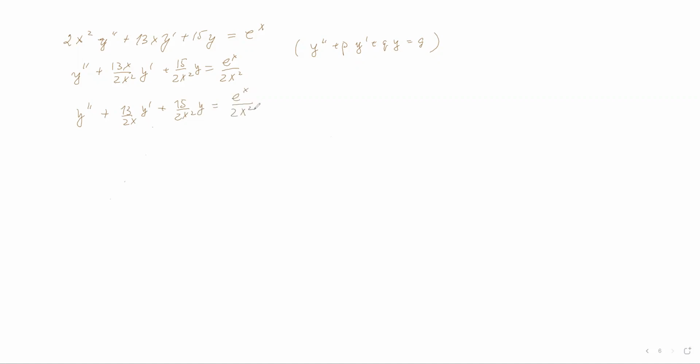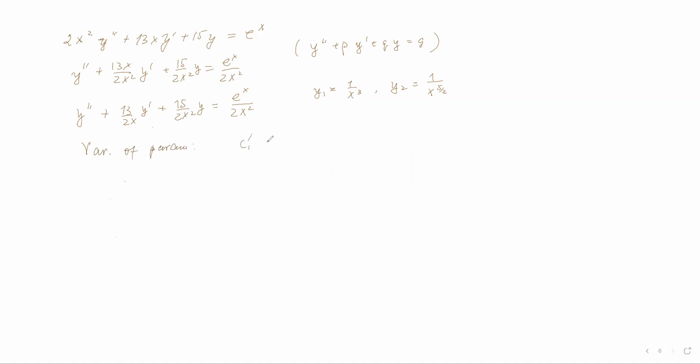And we do know solutions of the homogeneous equation, right? They're still y1 equals 1 over x cubed and y2 equals 1 over x to the power of 5 over 2. So remember, the equations for variation of parameters are the same.